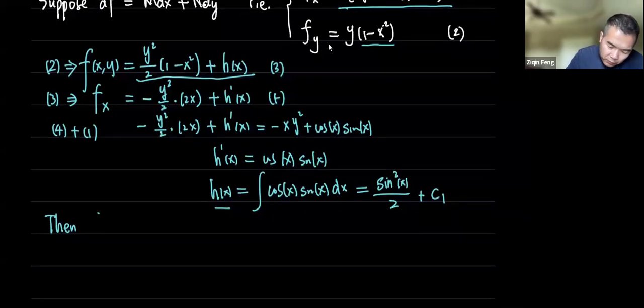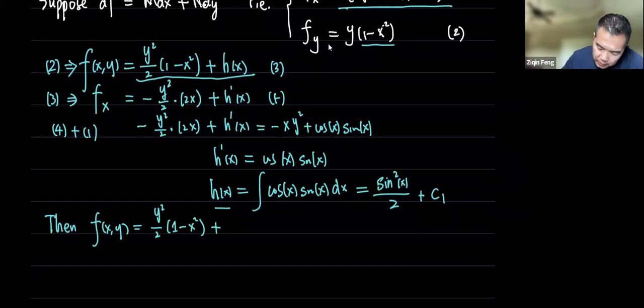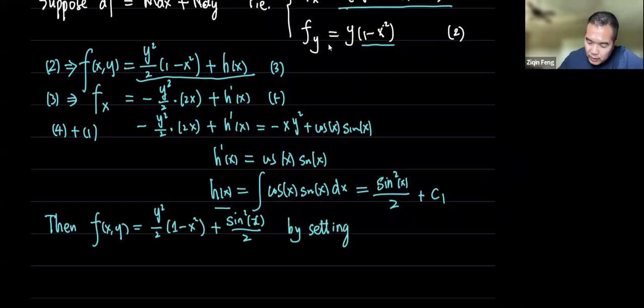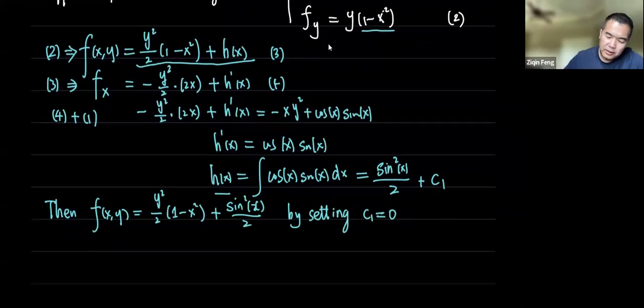So we choose f of x, y equal to y squared over 2 times 1 minus x squared, plus sine squared of x over 2, by setting c1 to 0. Again, here you can set c1 be any number you want. We like c1 to be an easy number, 0, right?